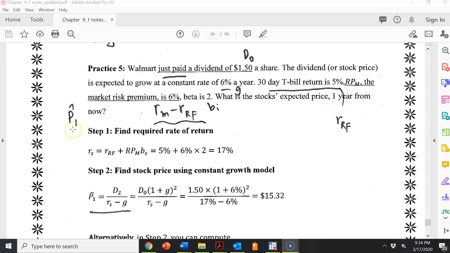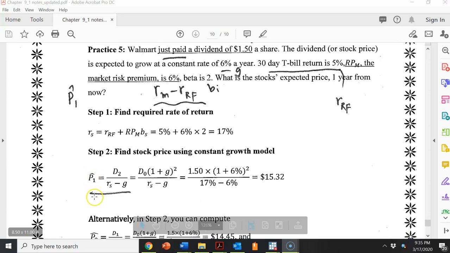So we want P1. Step 1, we still want to solve for R using CAPM, which is the risk-free rate plus market risk premium multiplied by beta. So we can just use 5% plus 6% multiplied by 2. We have 17% as RS.